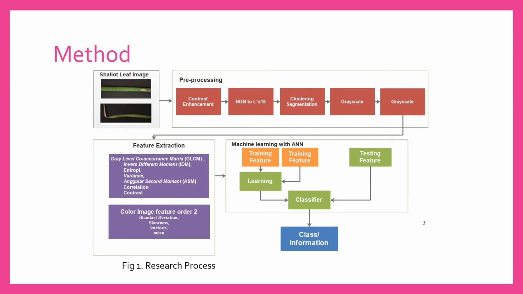Then the clustering approach will be carried out, which aims to find areas of leaves that have indications of disease. After selecting the cluster to get the area indicated by the disease, image segmentation will be obtained. The segmentation process aims to simplify the representation of images so that they are easier to recognize.